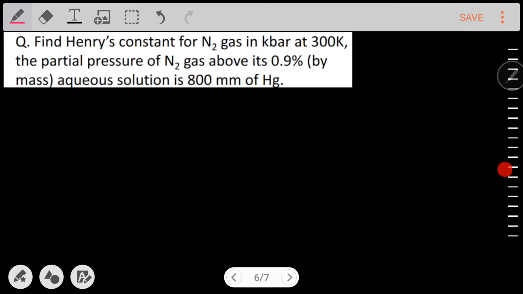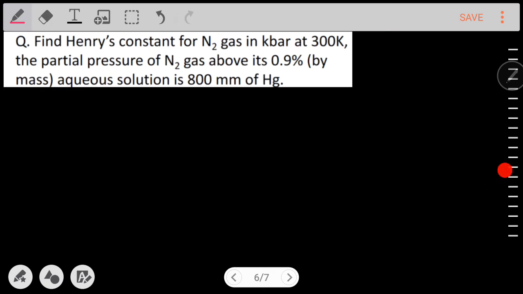Our third question is: find Henry's constant for N2 gas in kilobar at 300 Kelvin. The partial pressure of N2 gas above its 0.9% by mass aqueous solution is 800 millimeter of Hg.